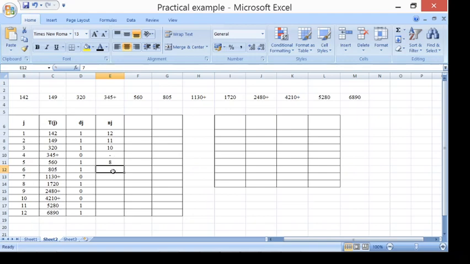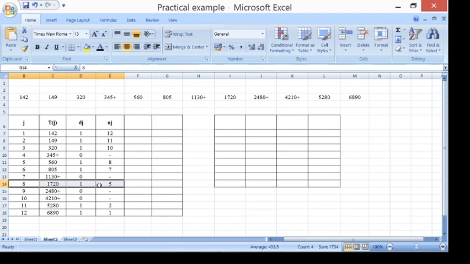Similarly, we can complete this particular column. Suppose we consider an example, at this particular time point 8, just prior to time point 8, we had 5 components with us. One failure occurred at time point 1720, so one component failed.